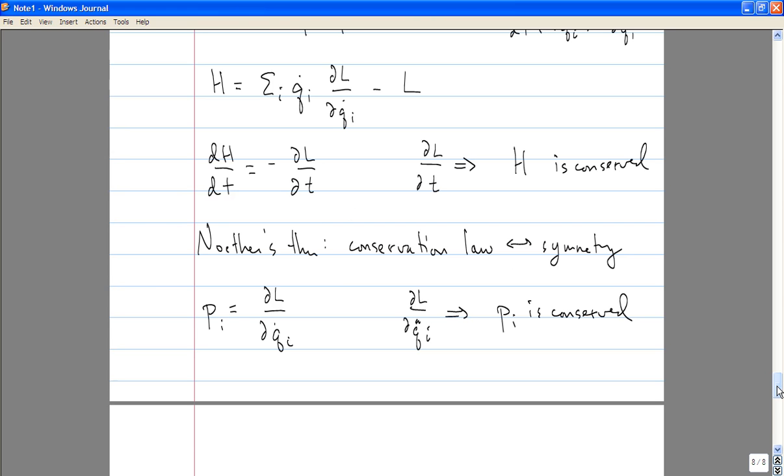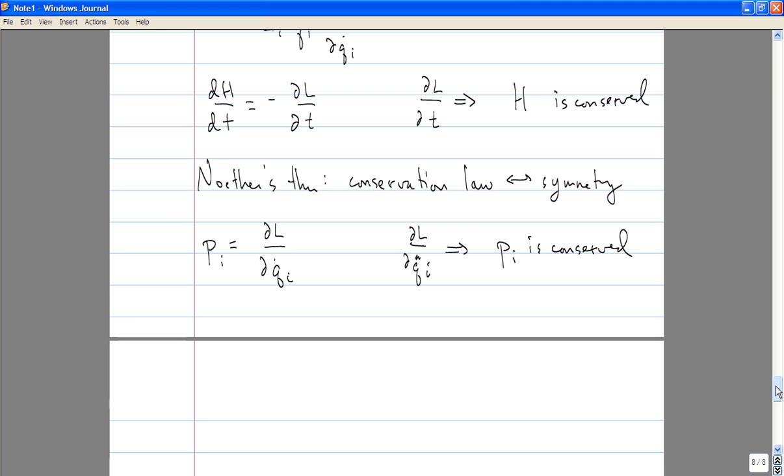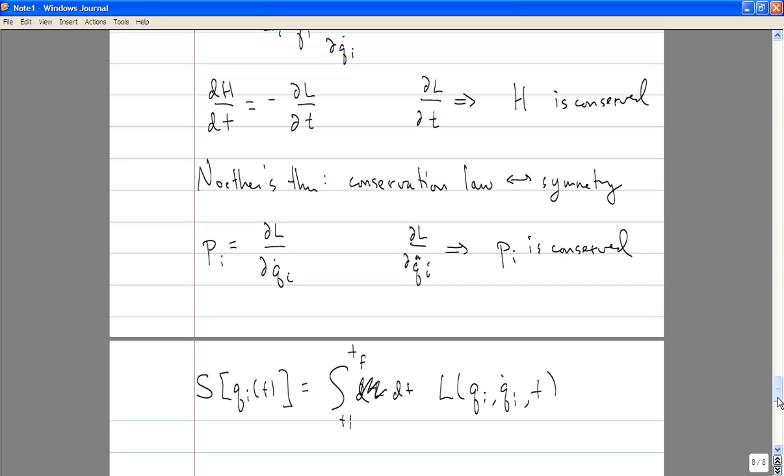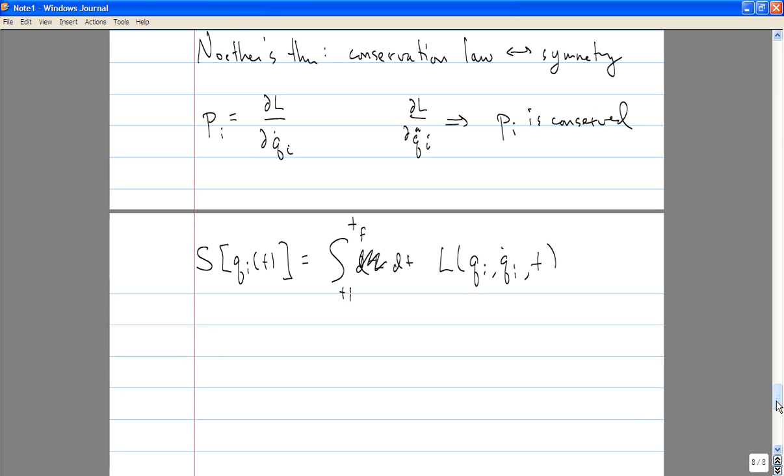Finally, we saw that the Euler-Lagrange equations have a very elegant formal interpretation, which is that if one defines the action associated to a path through configuration space as the integral between an initial and final time of the Lagrangian on that path, then the first variation of the action with respect to these qi's gives the Euler-Lagrange equation.